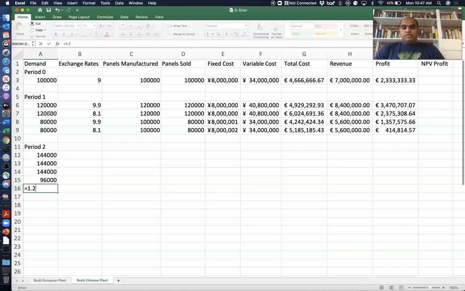Or it can go up to 96,000 from 80,000. So it can be either 144,000, 96,000, or the other option is 64,000. So it can go down.